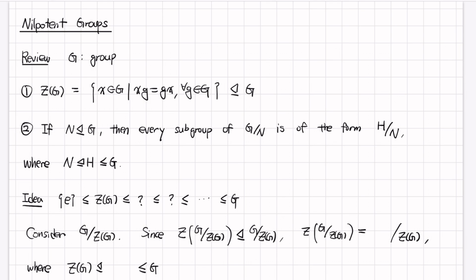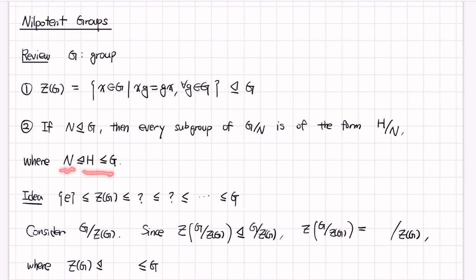The first one is that the center of the group is defined as the set of elements in the group that commute with all elements of G, and which is actually a normal subgroup of G. And the second one is that if a subgroup N is normal in G, then we can think of a quotient group G mod N. And also every subgroup of G mod N is of the form H mod N, where H is a subgroup of G containing N. And you can easily check that H is also a normal subgroup of N based on this fact.